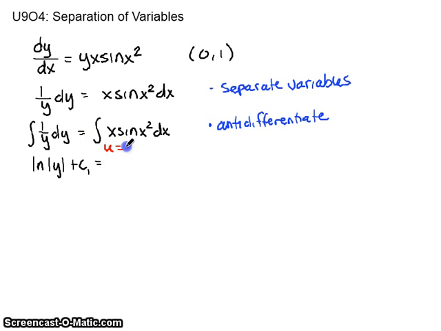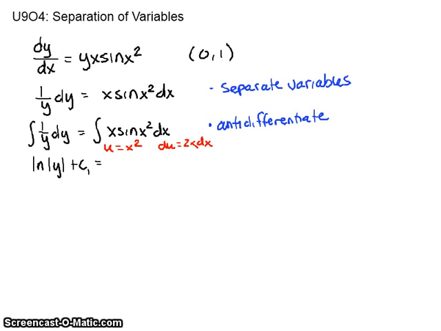u is going to be equal to x squared, so du is going to be equal to 2x dx. We can't have that 2x dx because we just have the x dx in our integrand. So we divide by the 2, and we're going to have a 1/2 out front.